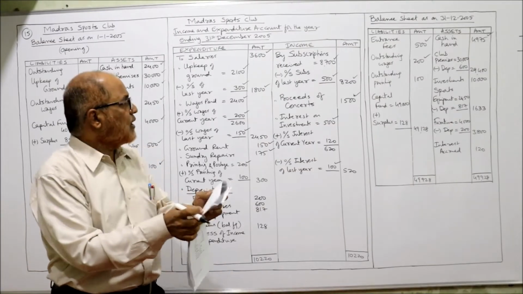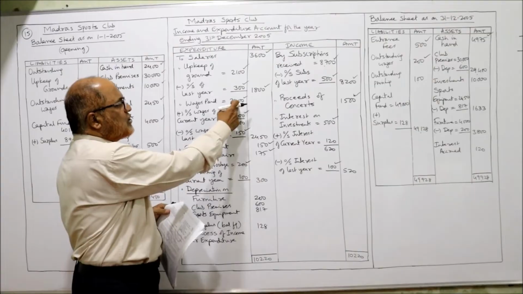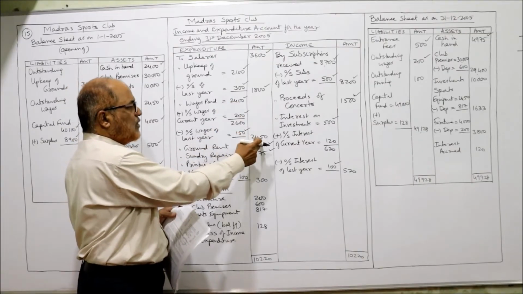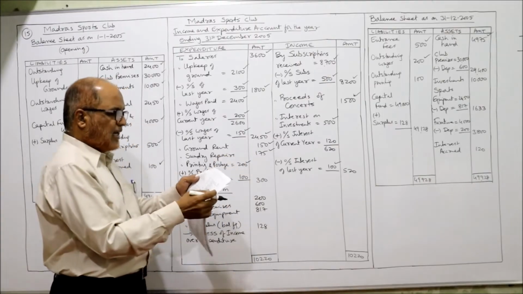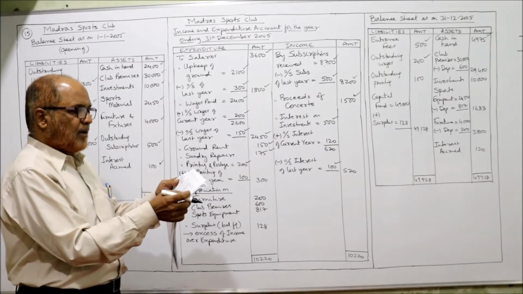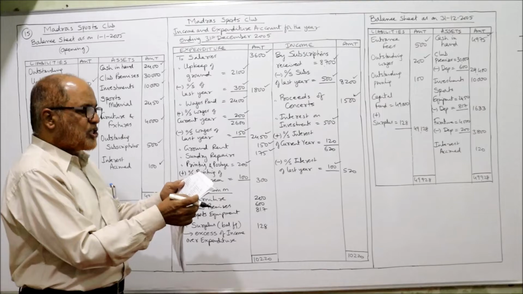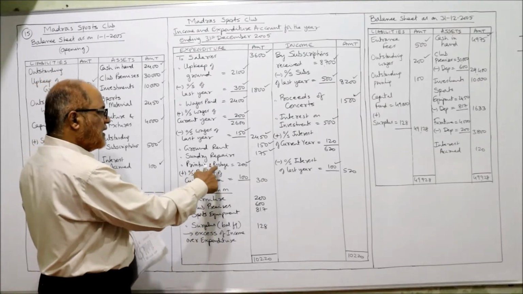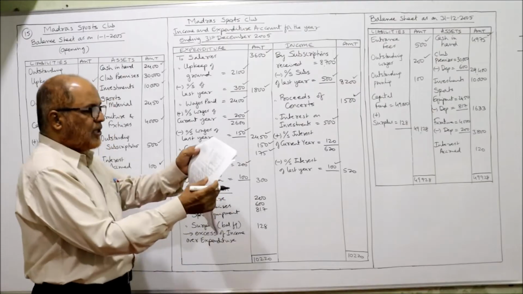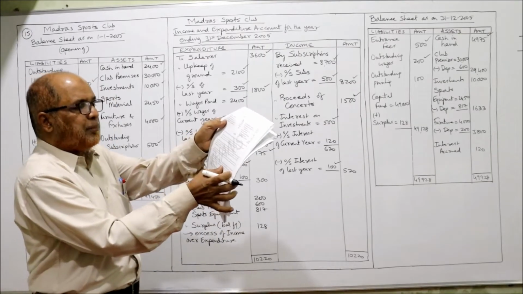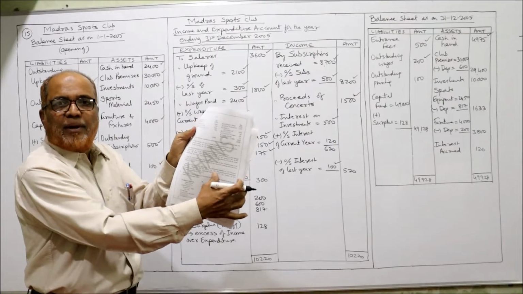Next comes ground rent 150. This 2,400 plus 200 minus 150, 2,450. We have taken 2,450. Ground rent 150, sundry expenses 175. Postage and printing 200. See here, printing and postage 200. Add outstanding printing of the current year. So the last line, outstanding printing 100. It is given.